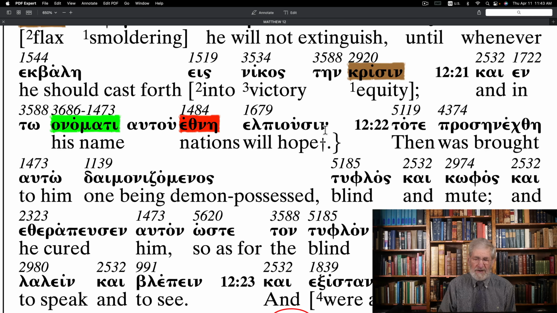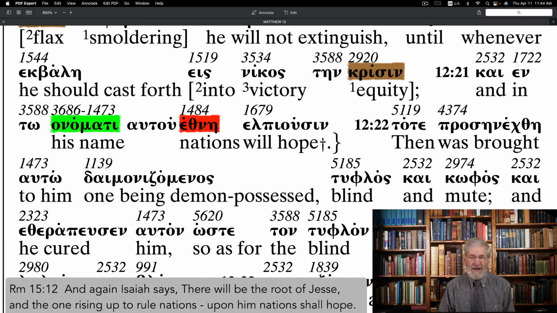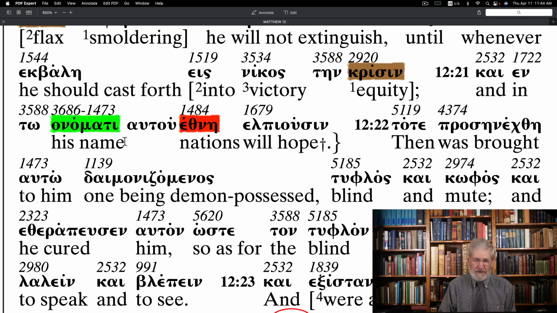Now this is the end of the quotation of Isaiah, but it says in Romans 15:12, where it quotes Isaiah, but in a different place, it quotes Isaiah 11:10, and Paul says, and again, Isaiah says, there will be the root of Jesse and the one rising up to rule nations. Upon him nations shall hope. And this would be Jesus, because Paul is showing us that this is who it's talking about.